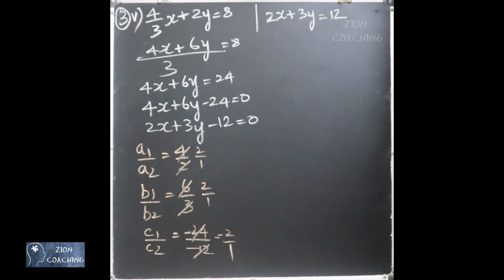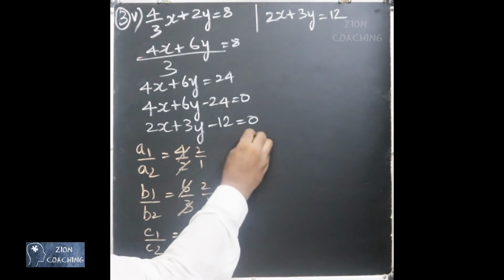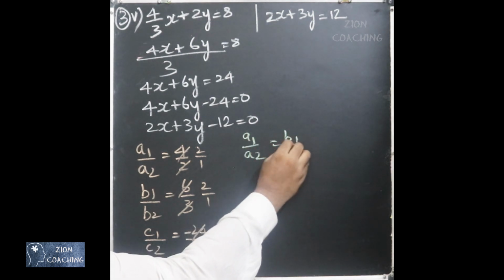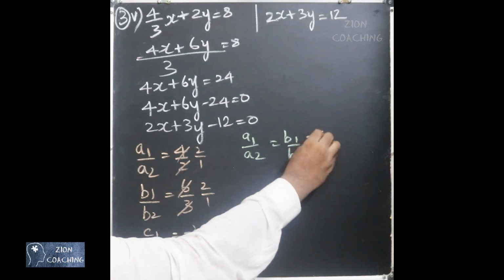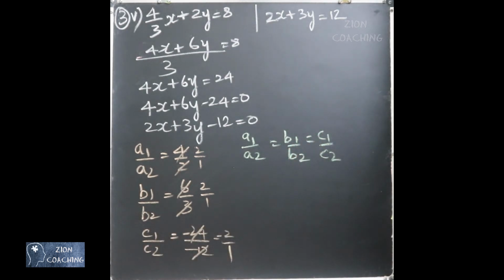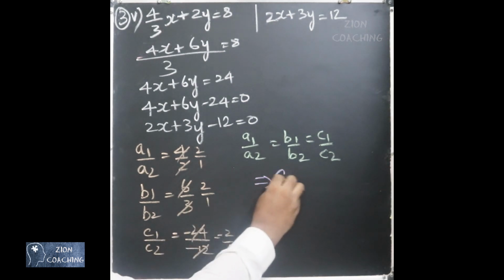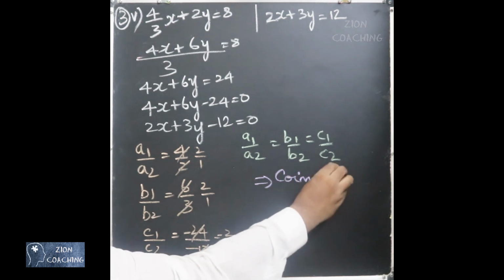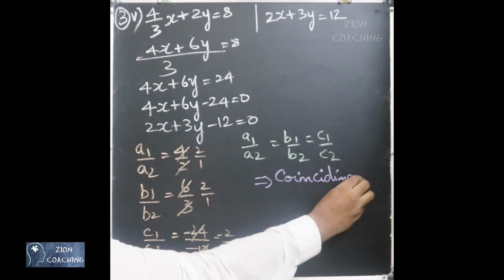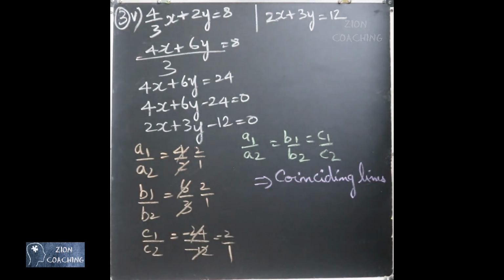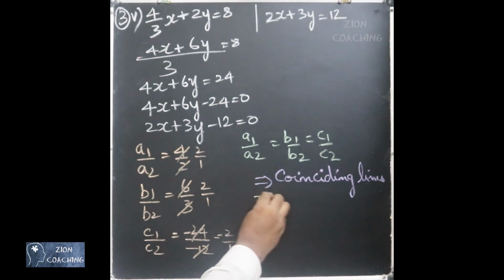Now you can see that a1 by a2 equal to b1 by b2 equal to c1 by c2. This is the condition for coinciding lines. So they are representing coinciding lines. Since they are coinciding lines, they are going to have infinitely many solutions.